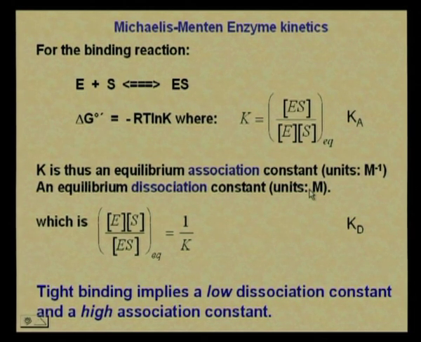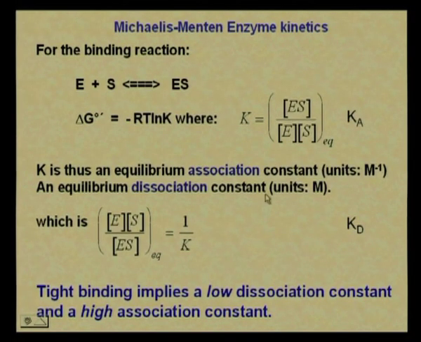Now, if I have tight binding, a tight binding will mean that I do not have dissociation. If I have a tight binding, the dissociation is not easy, right? So, what does it amount to in terms of these constants?